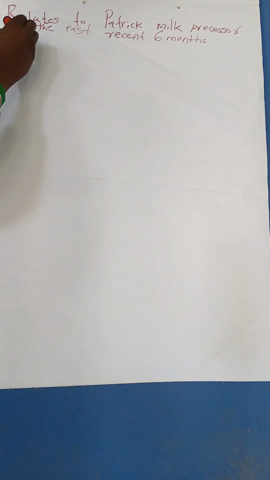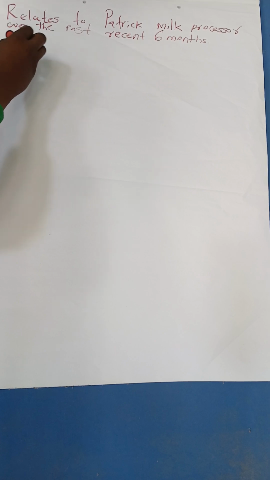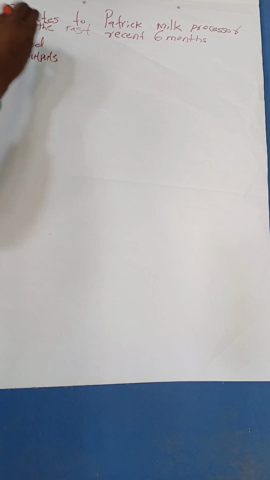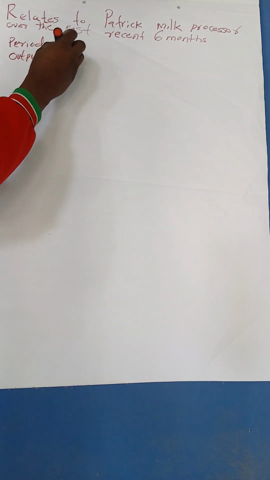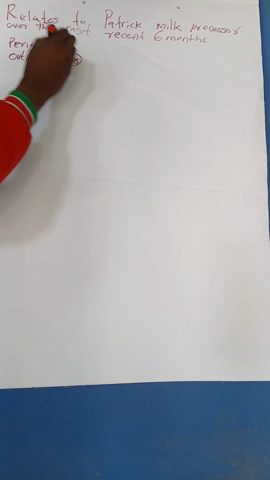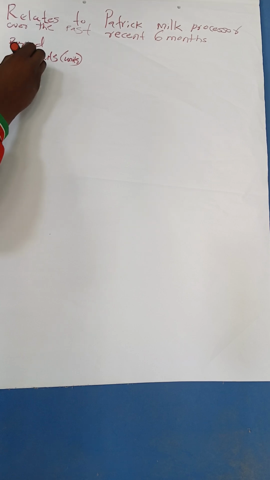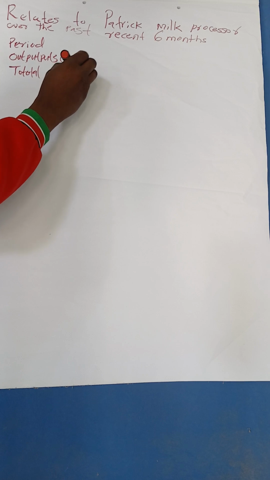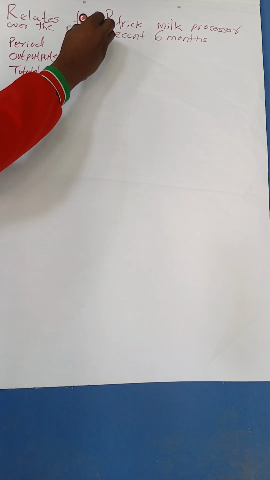Good. Now, we'll do it faster. We'll have period here, this is our data. Then we will have outputs, they are in units. Then we will have total cost, in Kenyan shillings.